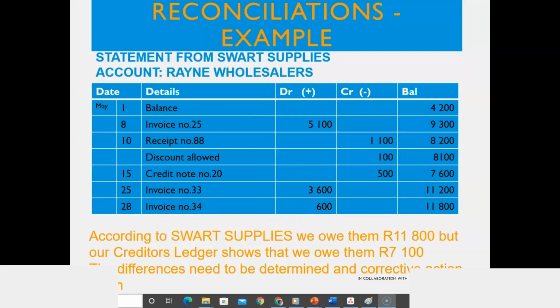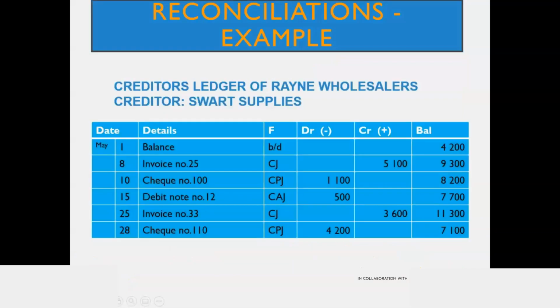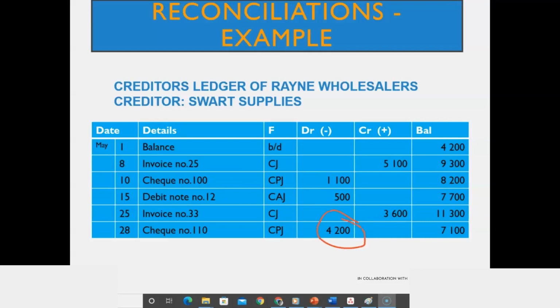Obviously, on the 28th we had a check here, a check whereby we made payment. We made this payment on the 28th of May, 4,200, which reduces what we owe.